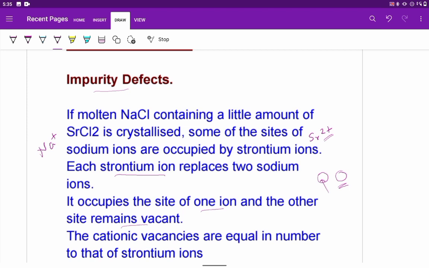These cationic vacancies, this is a cationic vacancy because earlier there was a cation, a sodium ion, here. These vacancies will be equal in number to that of strontium ions. How many strontium ions are coming? That many cationic vacancies will be there.